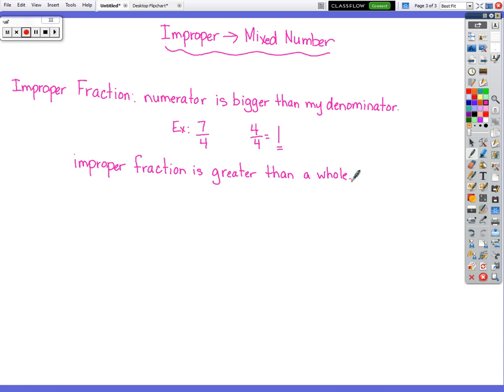Okay, so that's where we get into these mixed numbers. When we change an improper fraction into a mixed number, we're changing it into a number that contains a whole number and a fraction. That's where the mixed comes in. It's mixed between whole numbers and fractions.